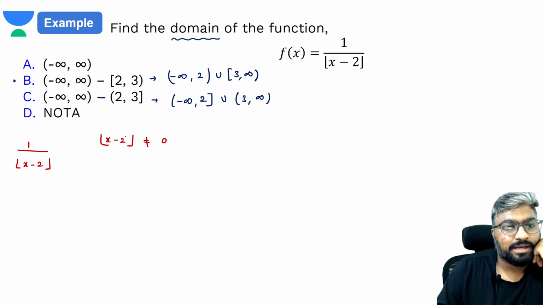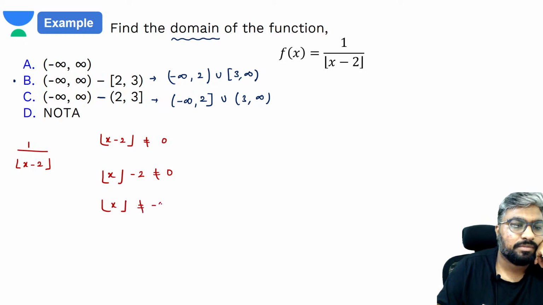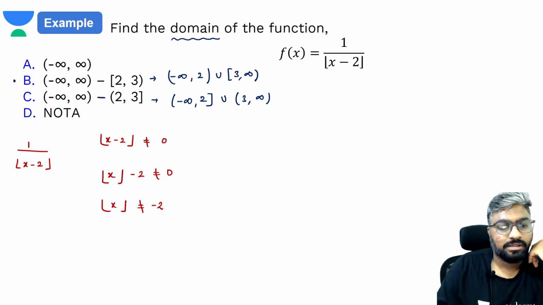So यहां पे अपन क्या करेंगे? This is constant, इसको बाहर ले लेंगे. If I take this outside, yes, cannot be equal to 0. That means greatest integer function of x cannot be minus 2. Agreed? ये minus 2 नहीं हो सकता.